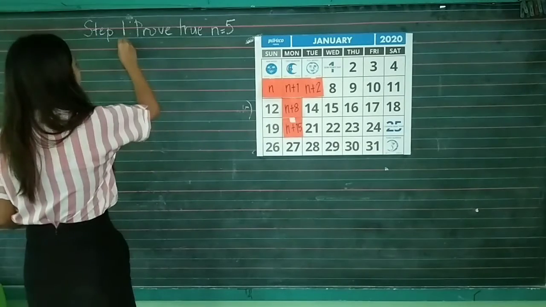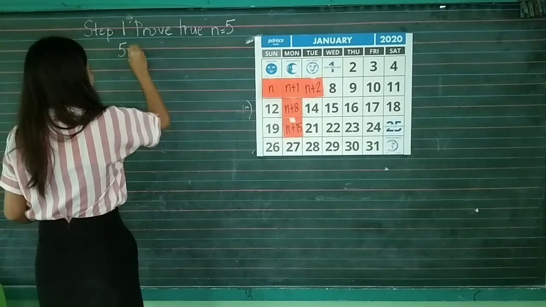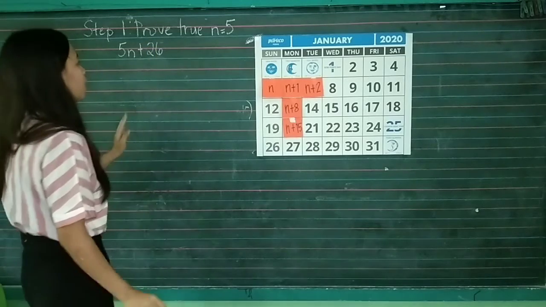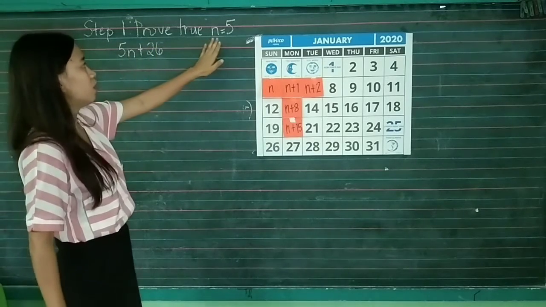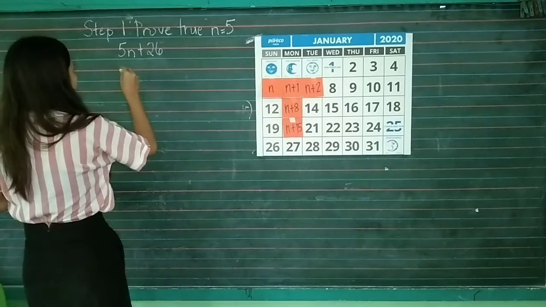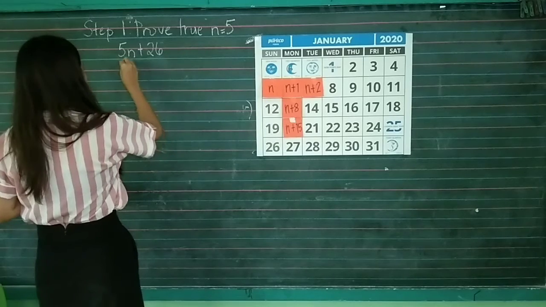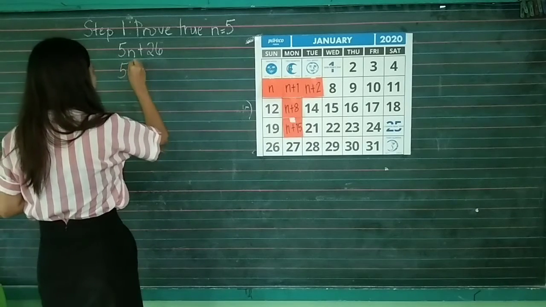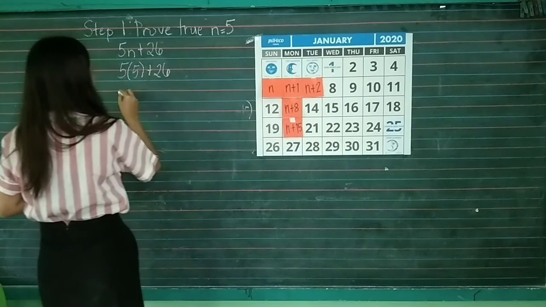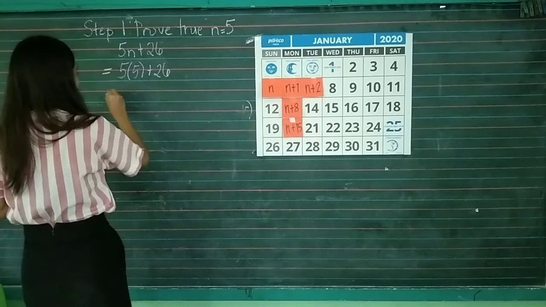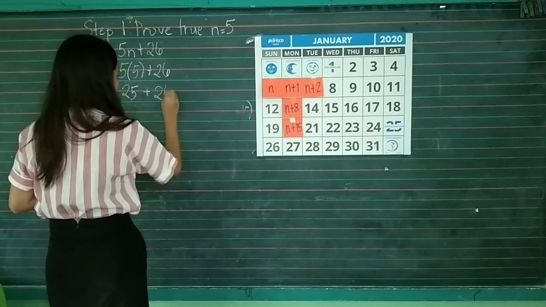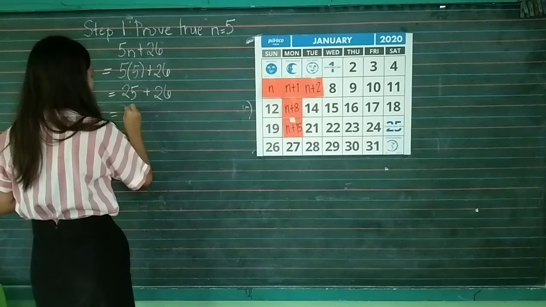Our general formula is 5n plus 26. So prove it is true where n is equal to 5. Let's substitute 5. So 5 times 5 plus 26 is equal to 25 plus 26, which is equal to 51.